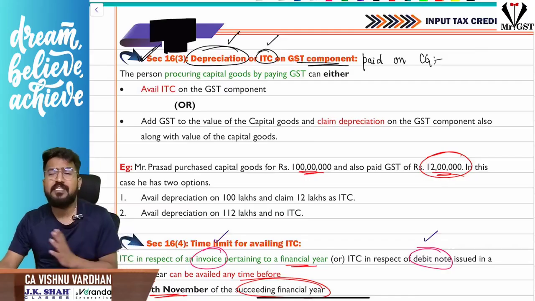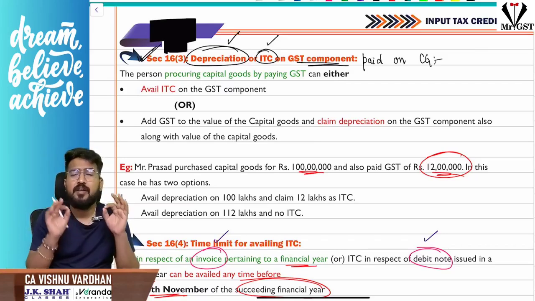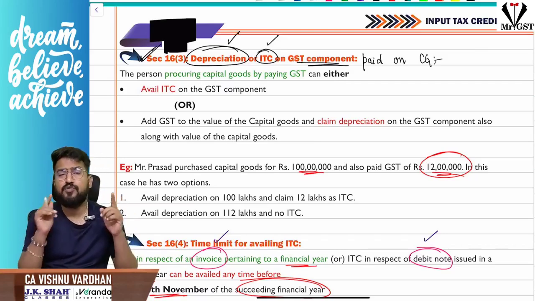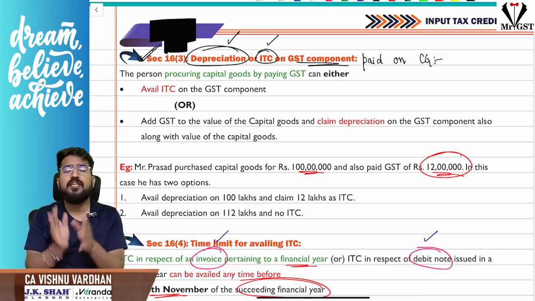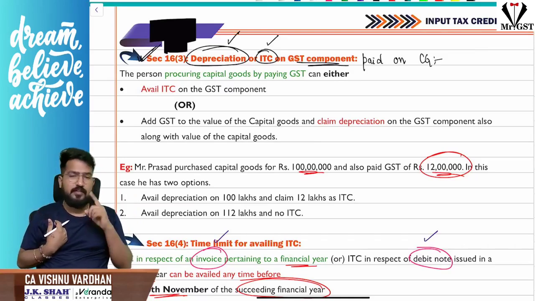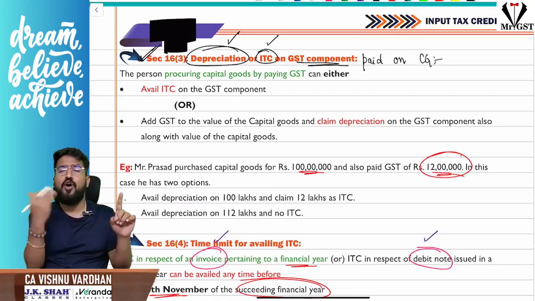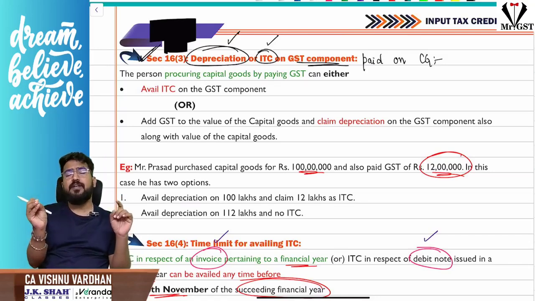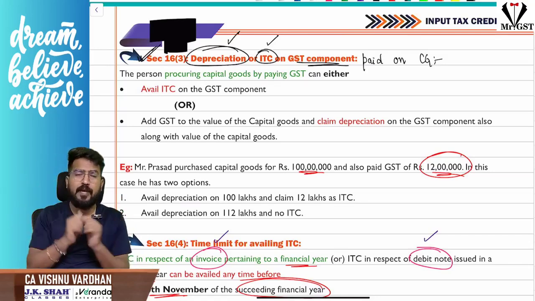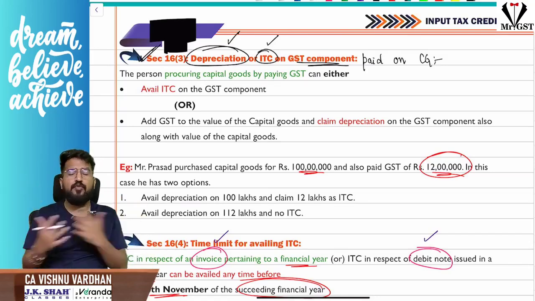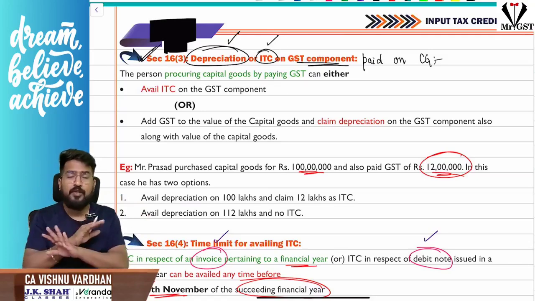So the next one is 16 subsection 3, a simple one, sir. If you are purchasing capital goods on which you have paid GST, take that GST component as ITC, that is one option for you, or add the GST component paid on capital goods to the cost of capital goods and claim depreciation fully, that is the second option for you, but don't do both.